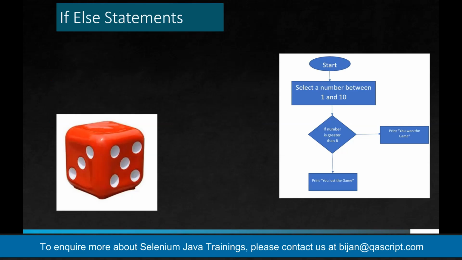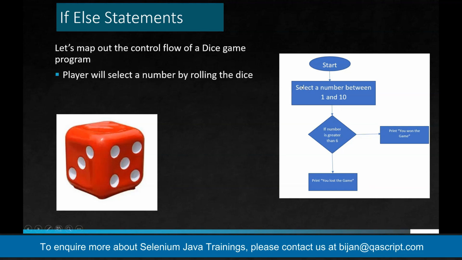Coming to the first one, the if-else statement. This is a dice game program, and this is a flowchart which shows you how your execution will go. The player will select a number by rolling the dice, and it could be anywhere between 1 to 10.